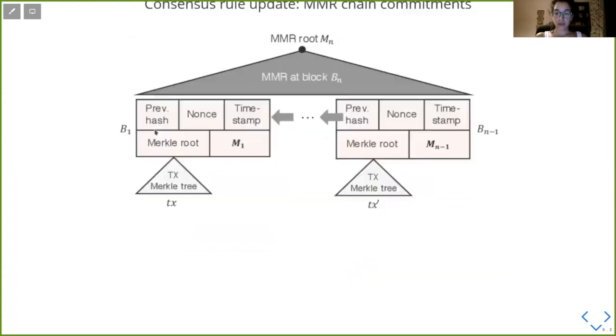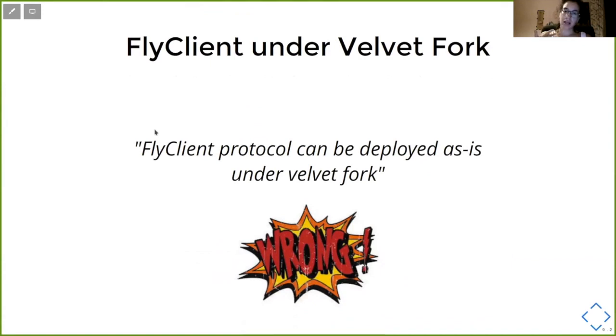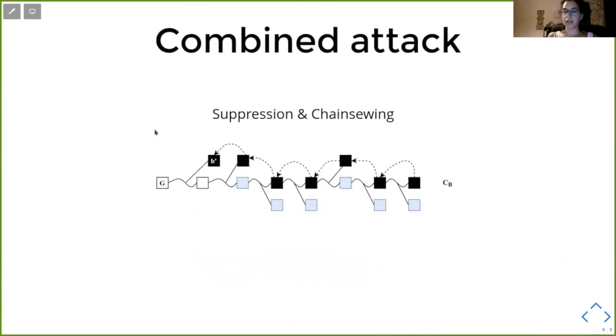Well, I will conclude by saying that there was again an argument that the FlyClient protocol could be deployed as is under a velvet fork, but we show that in the worst case, there could again be a combined attack, really similar to the one we described before for the PoPoW protocol of superblocks. And I just want to say that there needs to be some more research on this topic to conclude the security assumptions that need to be made for the deployment of the FlyClient protocol.